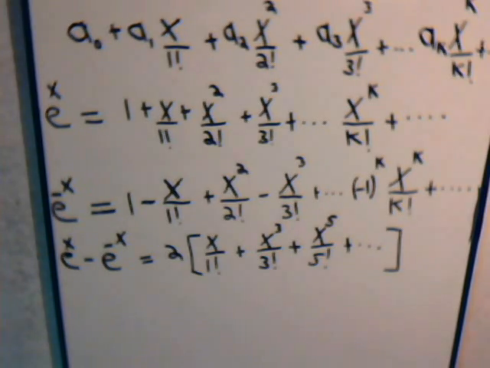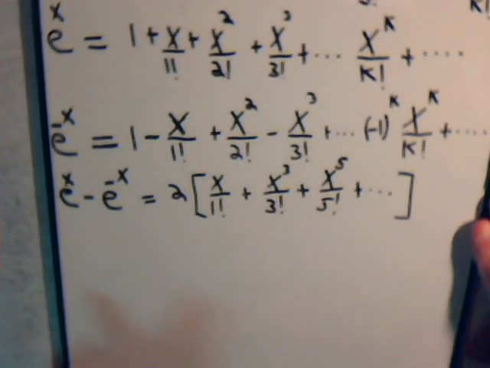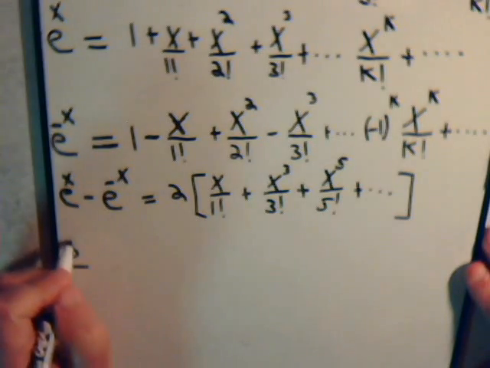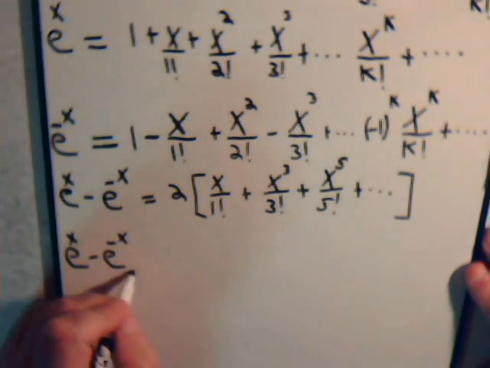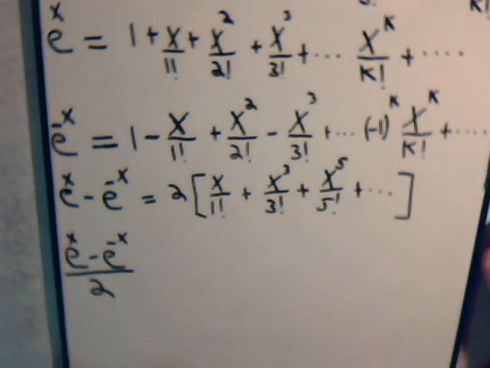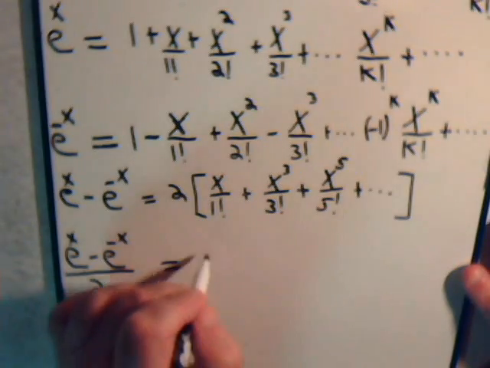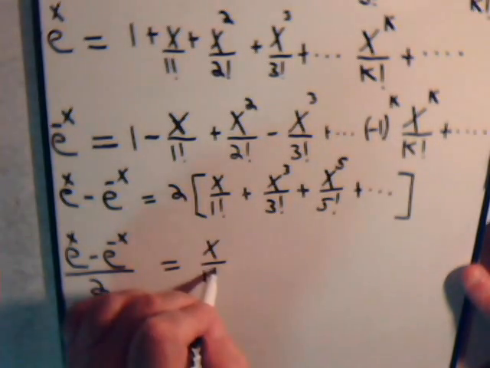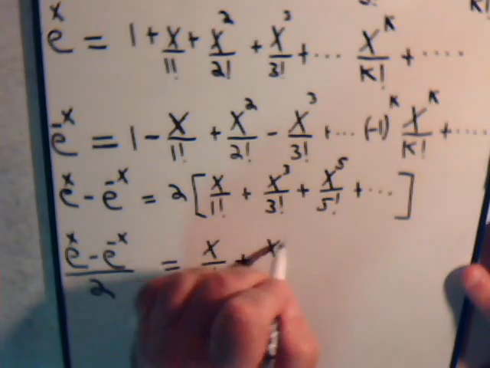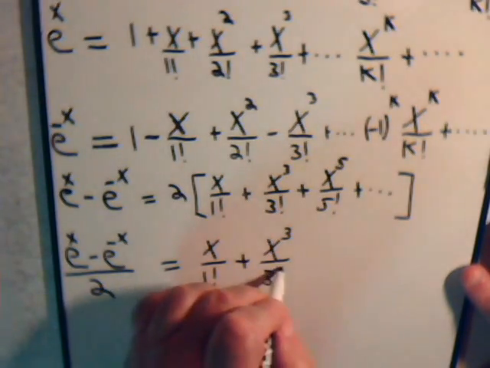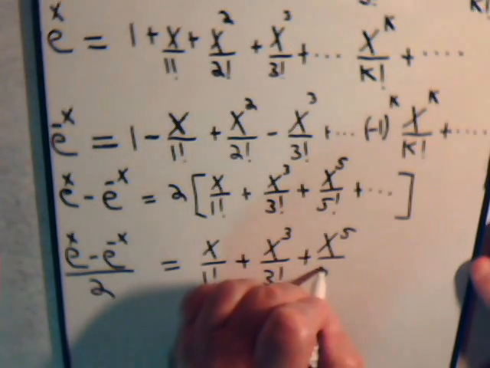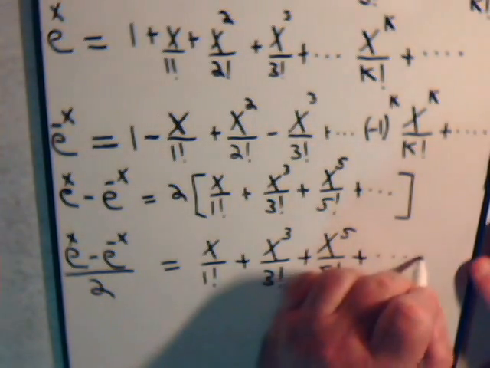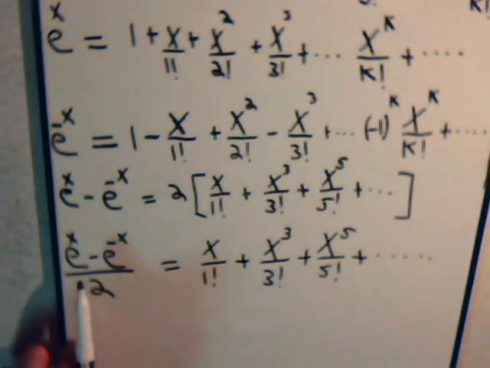Or, dividing both sides of the equation by 2, we would have e to the x minus e to the minus x, divided by 2, equals this expression, all of them involving odd numbers, on out to infinity like this. This would be the hyperbolic sine right here.